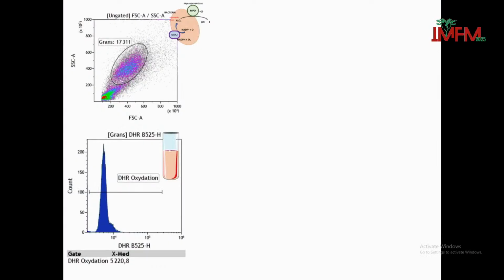So you can see that we are working directly on the whole blood, and we can focus on the granulocytes, which are the most active phagocyte in the whole blood. And if we measure the fluorescence produced by the granulocyte, if the granulocytes are not activated, you see that the quantity of fluorescence of DHR is very low.